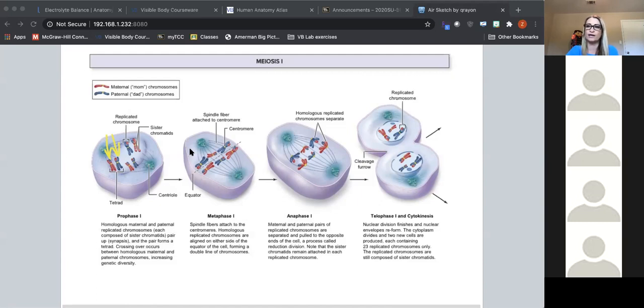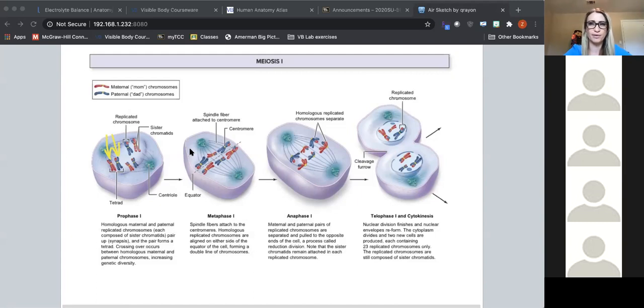This is where the nuclear envelope reappears, you see chromosomes unwind for a short period of time, and then the cytoplasm separates, so that's cytokinesis. And you end up with 2 cells. Each of these cells is going to have 23 replicated chromosomes that went through crossing over.